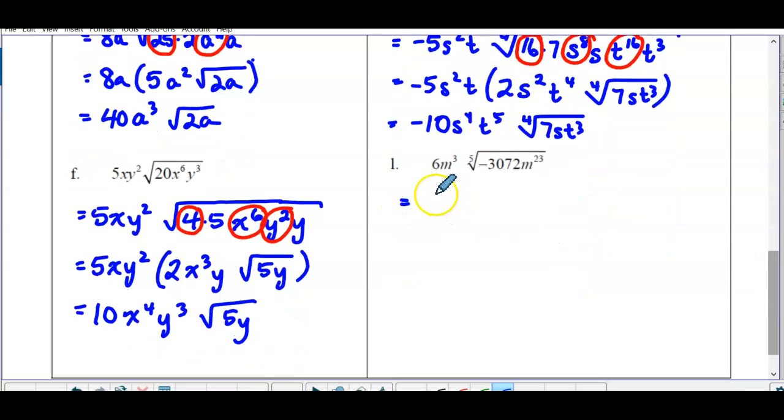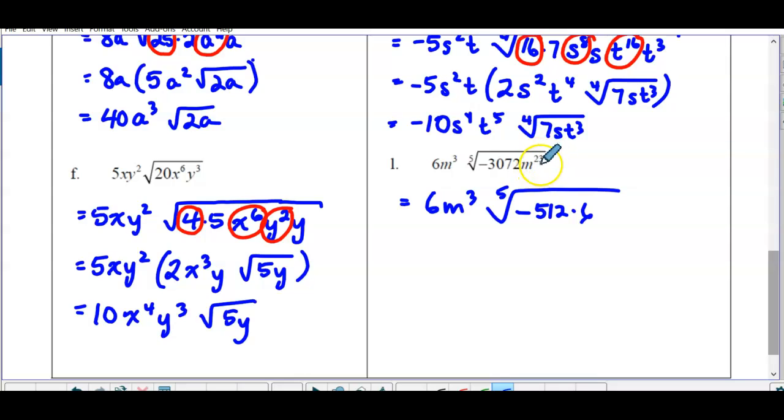And then here, fifth root. So we've got a monomial coefficient here, so 6m cubed, fifth root. So fifth root, 3072, so it's an even number. So 8 cubed is 512. So try 3072 divided by 512, and you get 6. And look at negative 512 times 6, and then m to the 23.